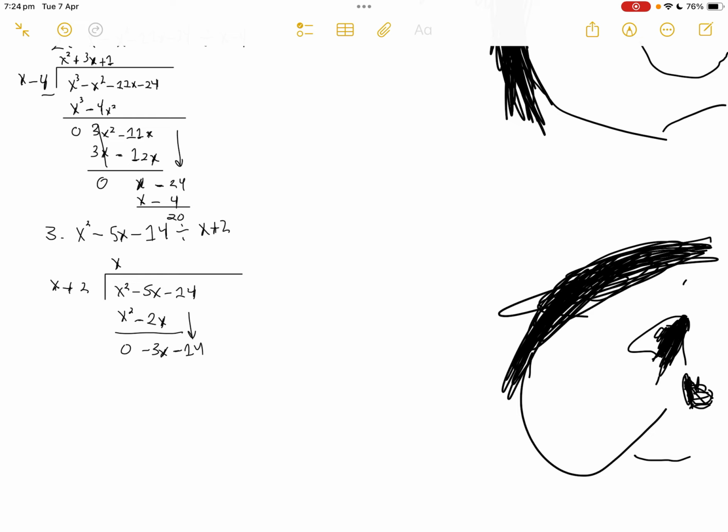And now the next thing we're going to do is multiply x plus 2 by 3, because we have a 3x over there, but since it's negative, we're gonna put a negative 3 right here. So we're gonna have a root of x minus 3, except we're gonna have a remainder here if we go a little further.